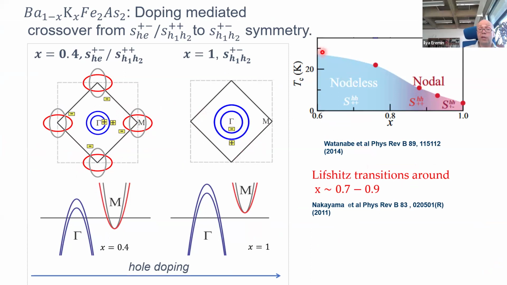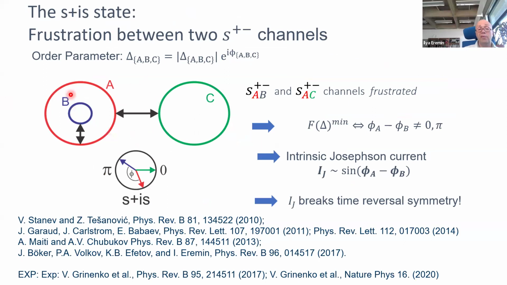If you go at high temperature, there is no problem to do that. However, if you do it at lower temperatures, along this line, that of course means that the relative phase of the order parameter may be other than just 0 or pi. You have some intrinsic frustration when you have electron and hole pockets.